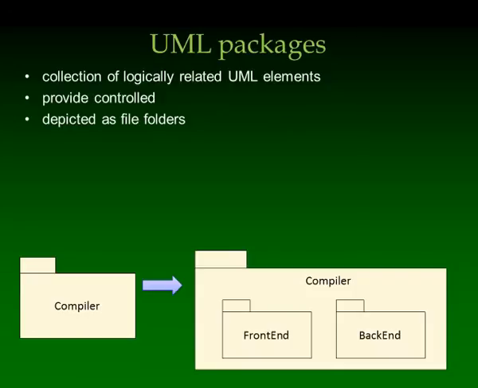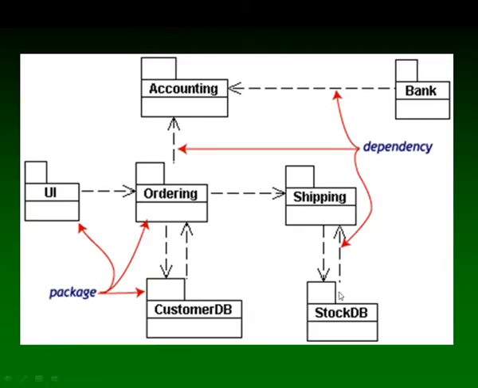Packages are depicted as these file folders and can be used on any of the UML diagrams or on their own. In the example here, this compiler package has a front end and a back end, and both are mutually exclusive of each other. So here's a compiler. You look inside the compiler, see front end and back end. And here's an example of an accounting package and ordering and going to the bank and all that kind of stuff.